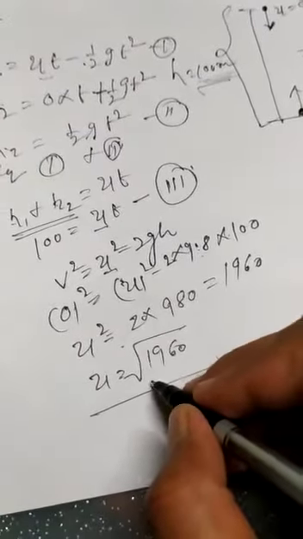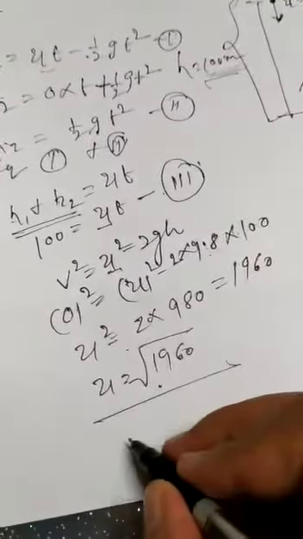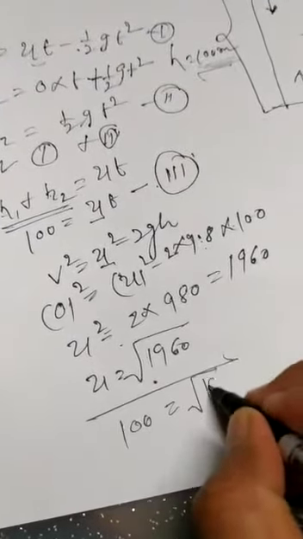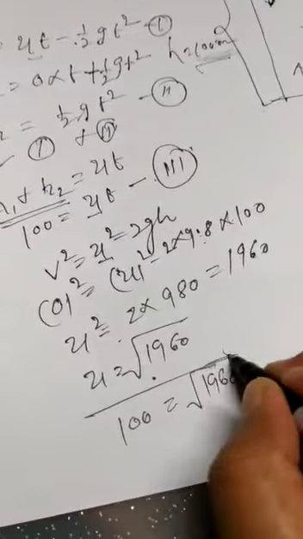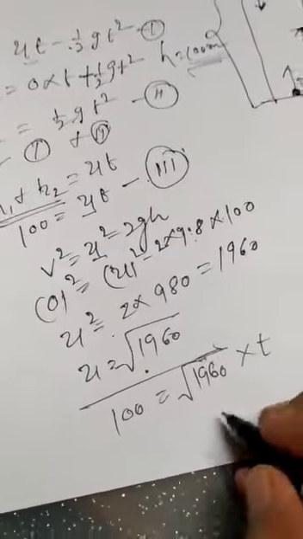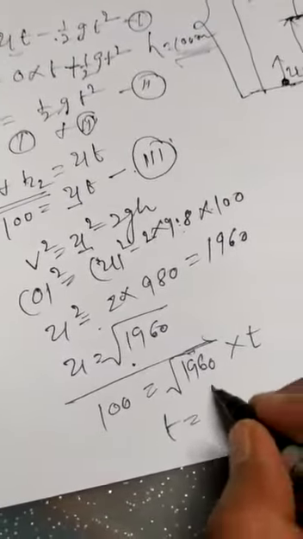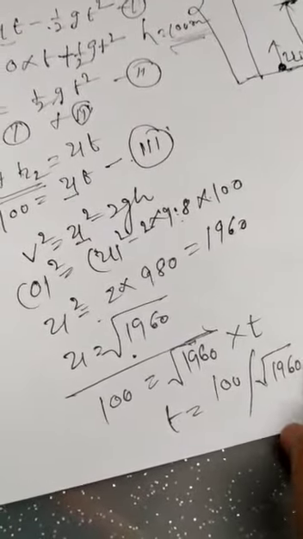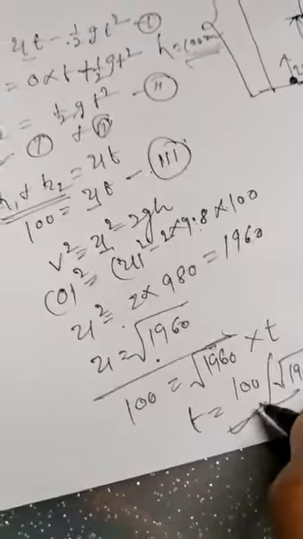Now we put the value of u in the third equation, so 100 equals root 1960 times t. So time t equals 100 upon root 1960. So the time is found.